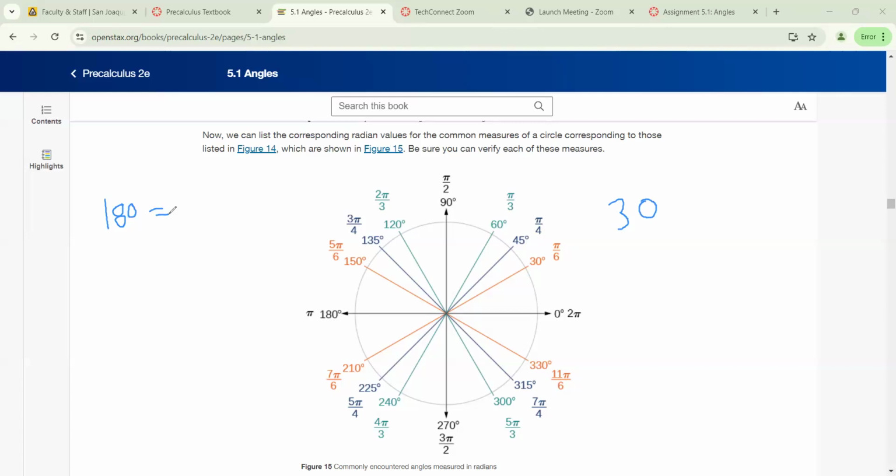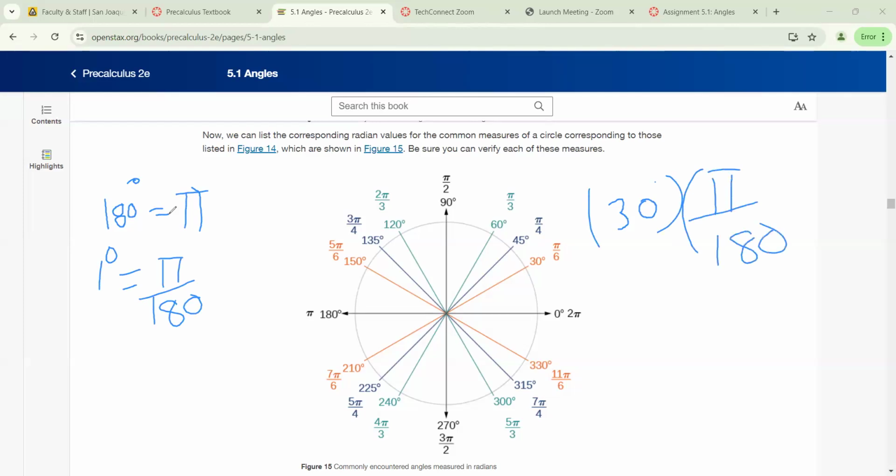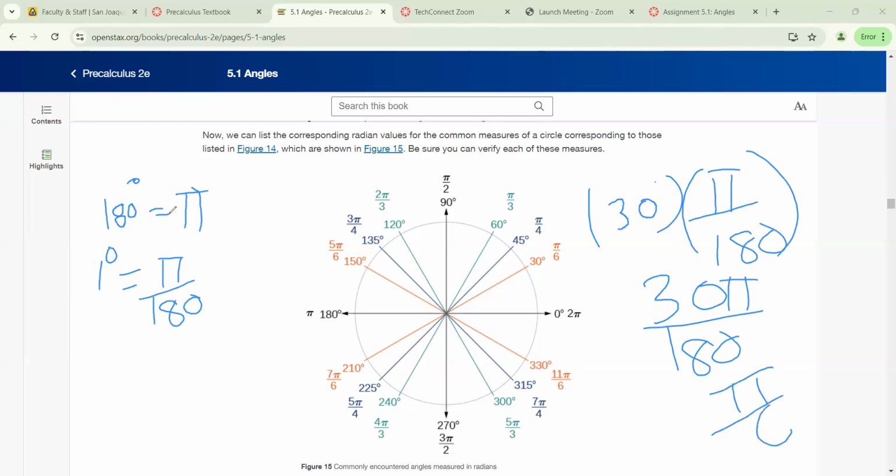So if 180 degrees is equal to pi, that means 1 degree is equal to pi over 180. So when you're converting your 30 degrees to radians, you multiply by pi over 180. That will give you 30 pi over 180. 30 divided by 180 is 1/6. That's how you end up with pi over 6 for 30 degrees.